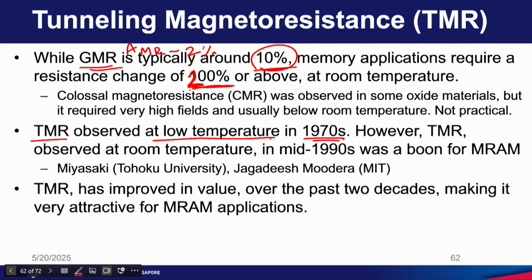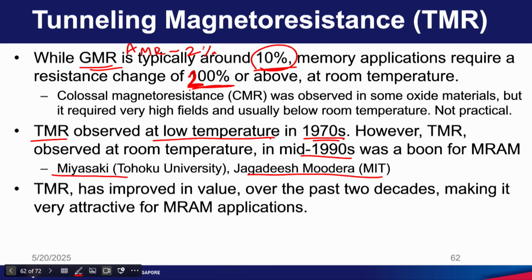However, in the middle of the 1990s, these two scientists, Professor Jagadish Moodera from MIT and Professor Miyazaki from Tohoku University, Japan, again almost at the same time, observed that we can achieve TMR at room temperature.